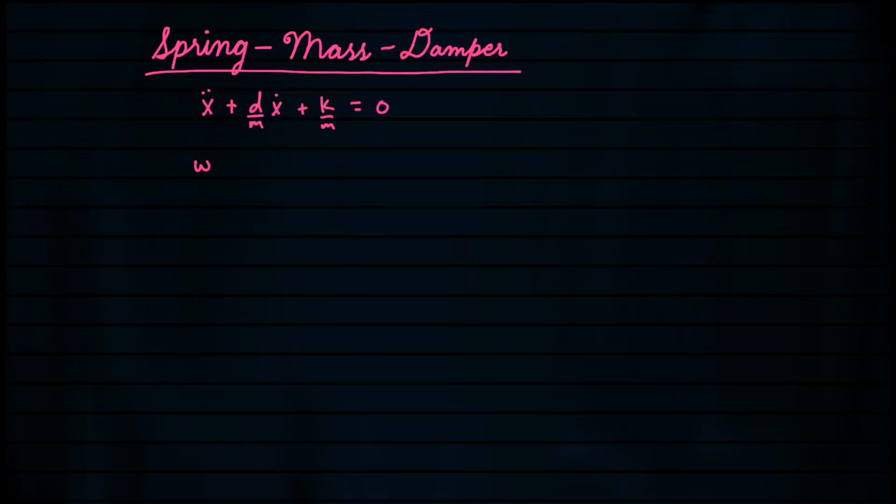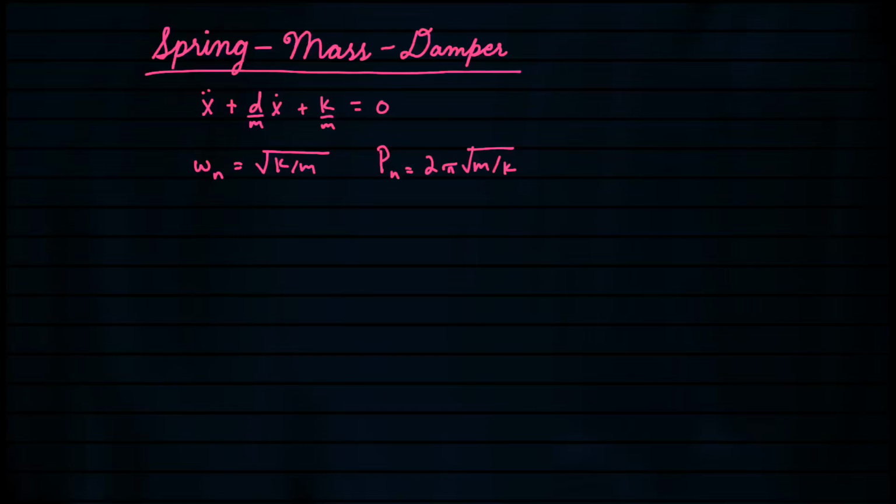So the frequency omega n equals the square root of k over m, and the period is going to equal 2 pi times square root of m over k.